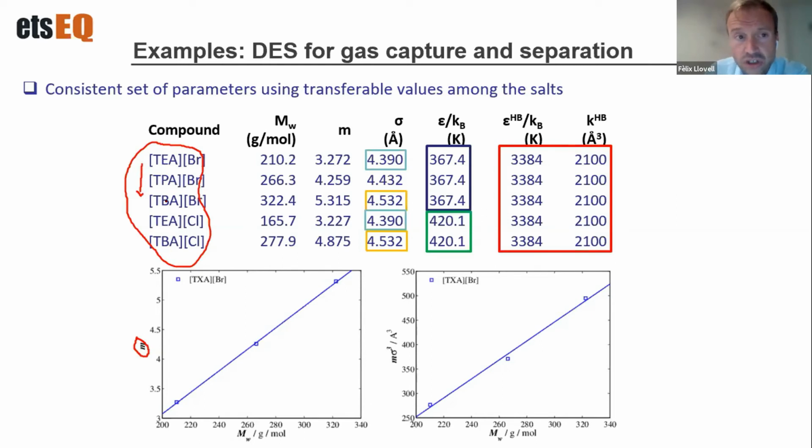This information is very valuable because it allows us to transfer these values among the salts. If we want to see what would be the parameters of other salts, we can transfer those parameters by building these correlations and transferring these values.